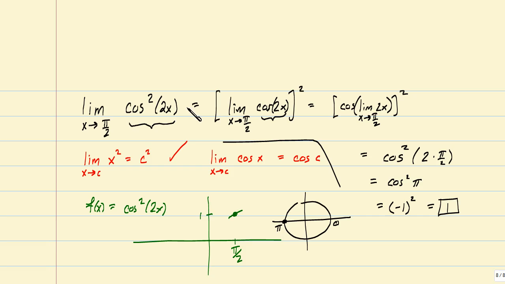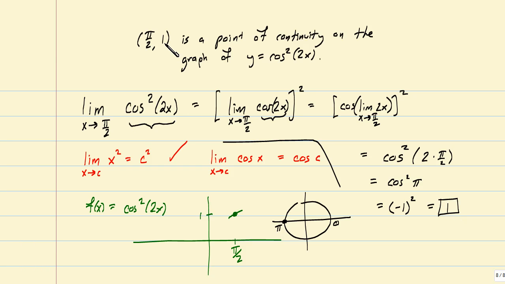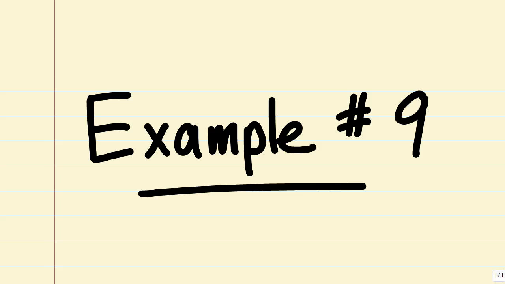And that's the graphical interpretation of what this limit is suggesting. That pi over 2, 1, remember pi over 2 is the x value, 1 is the height, the expected height of the function. The value of the limit here is a point of continuity on the graph of that function right there. So, value of the limit, graphical interpretation. That's it.